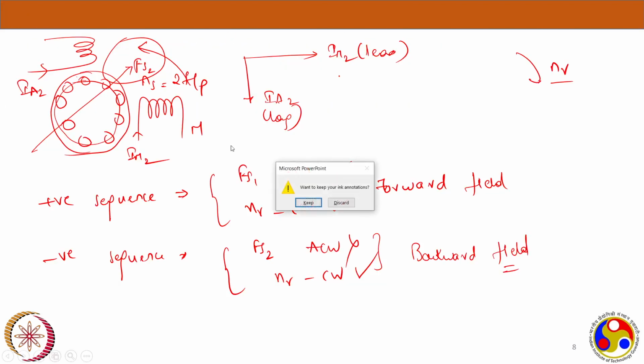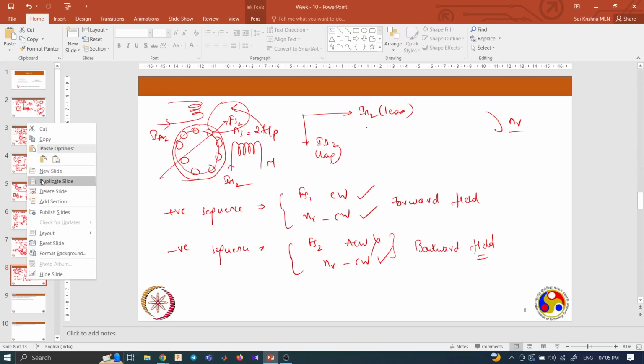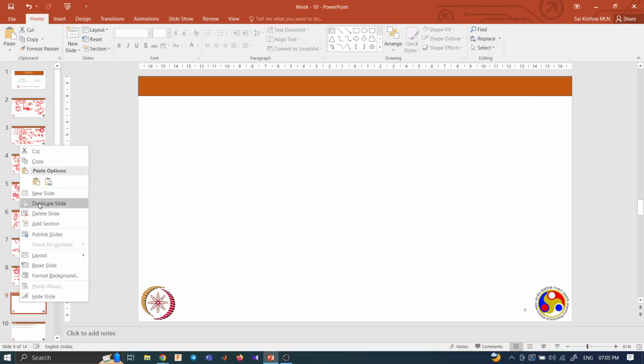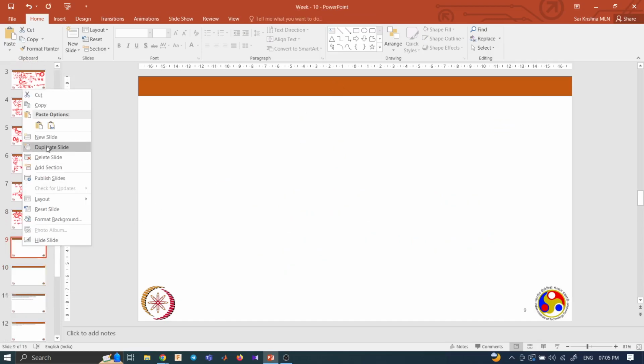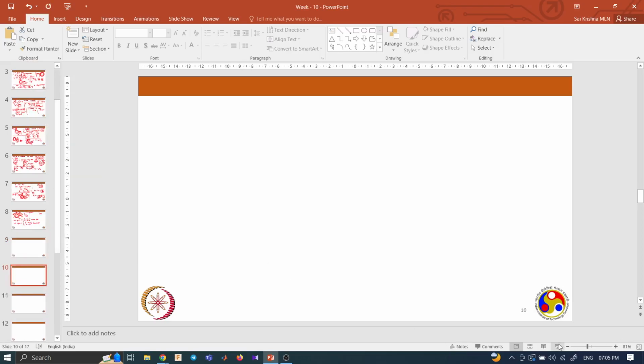So let me quickly write it down: the backward field, and this one. This is the positive sequence and the negative sequence.